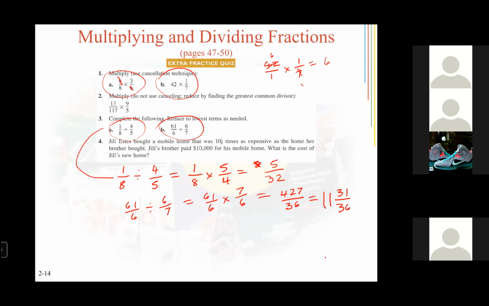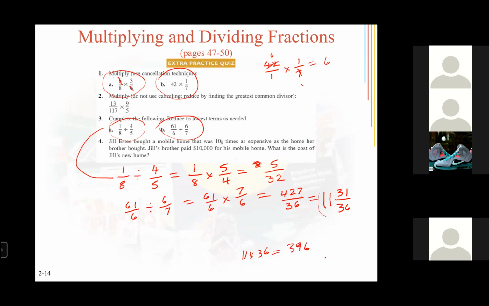All right, 11 and 31 over 36. Once you know that 36 goes into 427 eleven times, you ask: what is 11 times 36? It gives you 396.